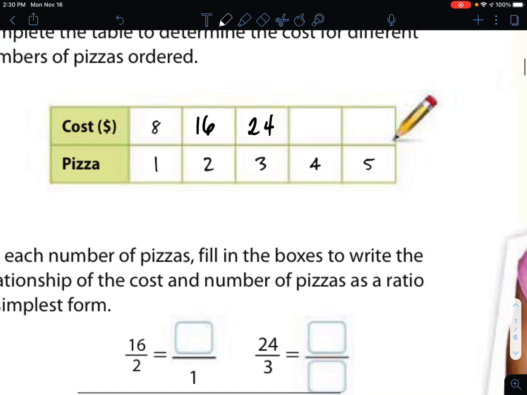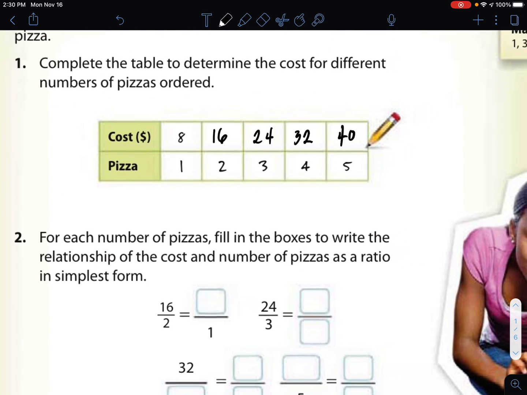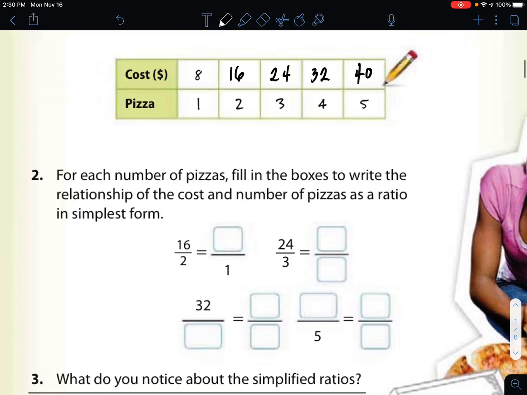The cost for 4 pizzas would be $32, and the cost for 5 pizzas will be $40. Now we have completed our table in terms of the number of pizzas and the amount you need to pay for that number of pizzas.